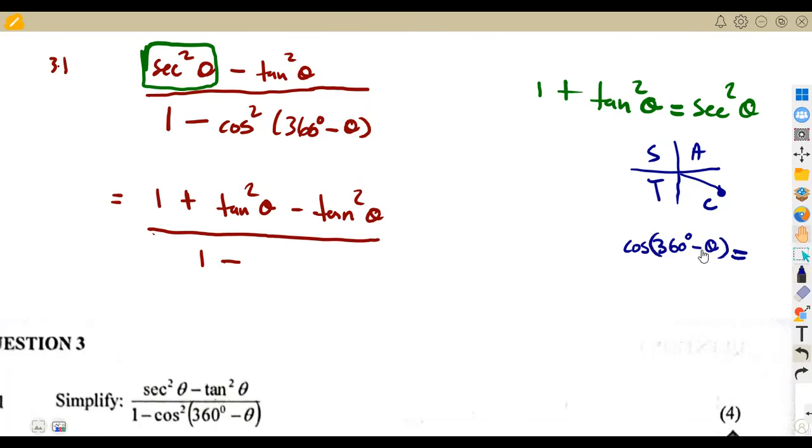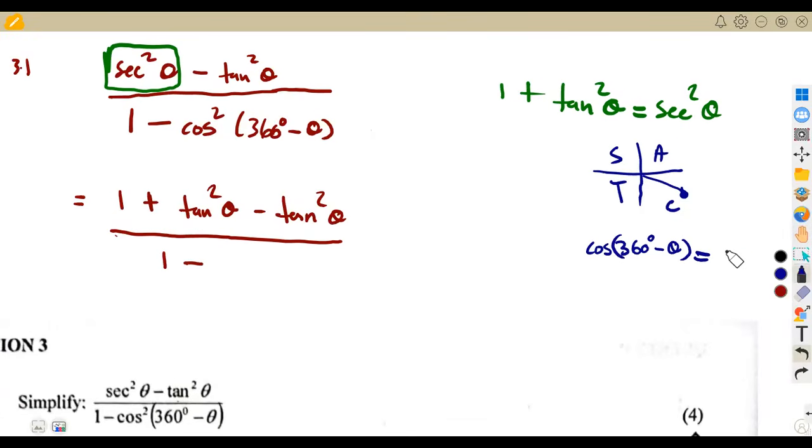Since it is squared, this is going to be 1 minus cos squared theta.